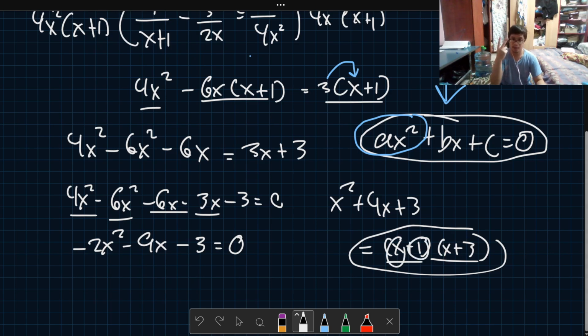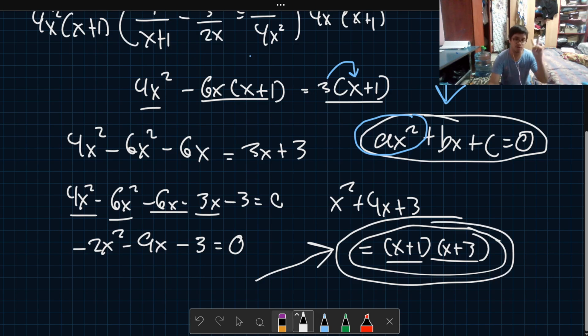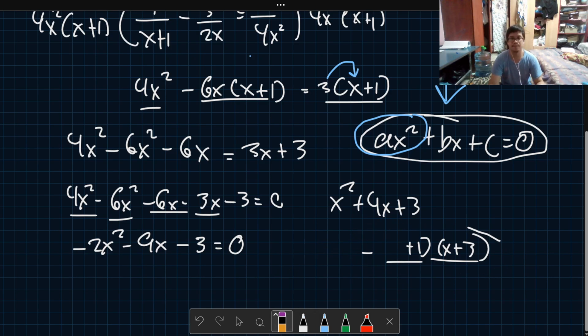So you have two binomial factors. Okay, and in any trinomial, there exists like this. So if it's factorable, expect that your answer is just similar to this. Two binomial factors. All right.